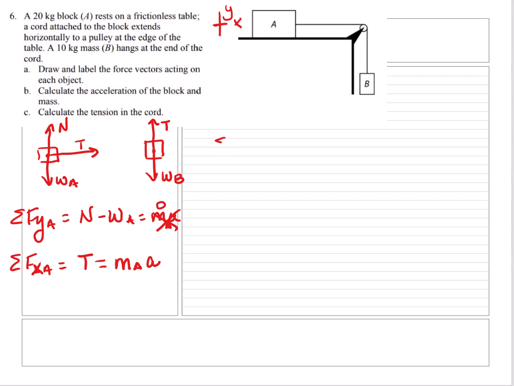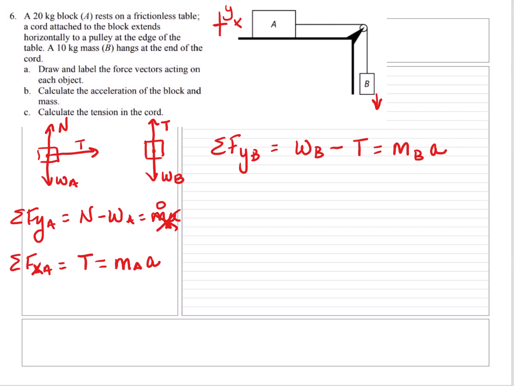So for B, it's going to be sum of Fy for B. This B mass is going to pull A down. So the direction that B is moving is down. So my weight is going to be positive because it is moving in the same direction, minus T because T is in the opposite direction, equals m_B a.